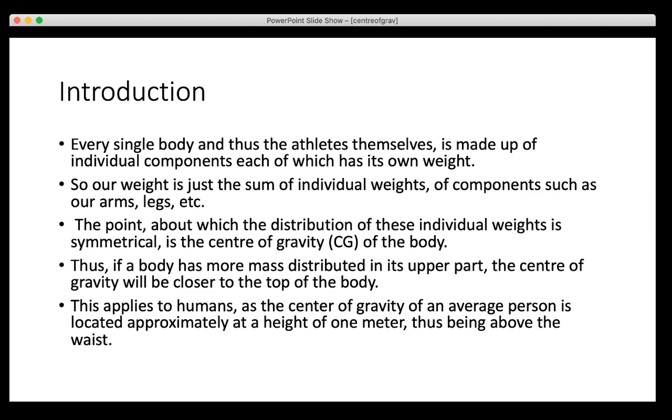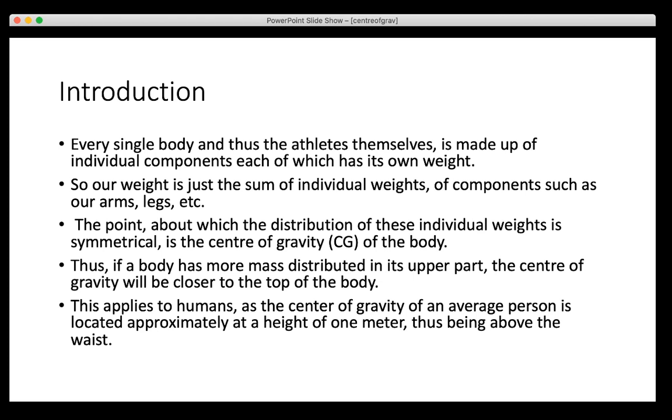Okay, so that hypothetical point is known as center of gravity, where your whole mass is distributed symmetrically. Another definition is, it is that point at which the gravitational force of the earth will act. So these are the two definitions which tell you what CG is.